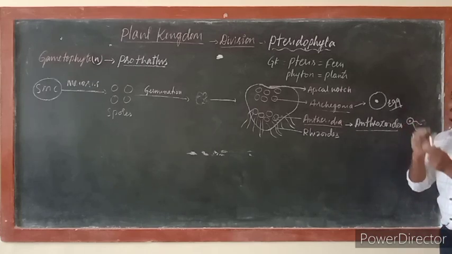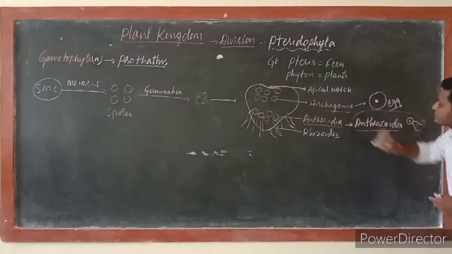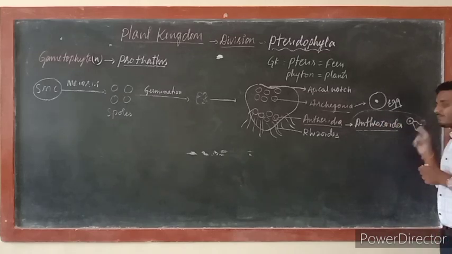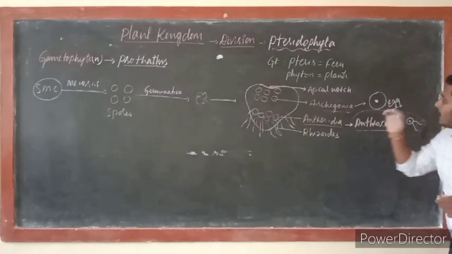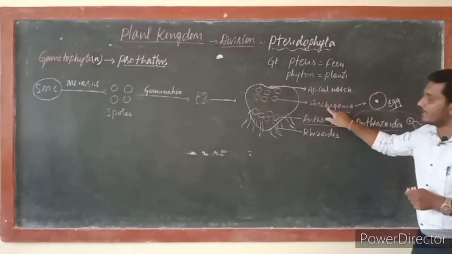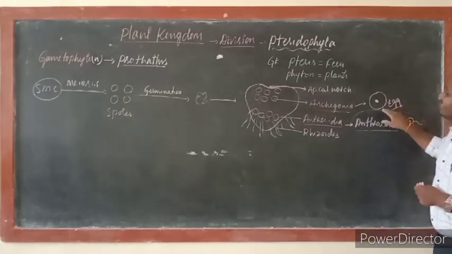So during fertilization, the antherozoids are released into water and, with the help of their flagella, swim in the water, contact the egg, and enter into the archegonia.